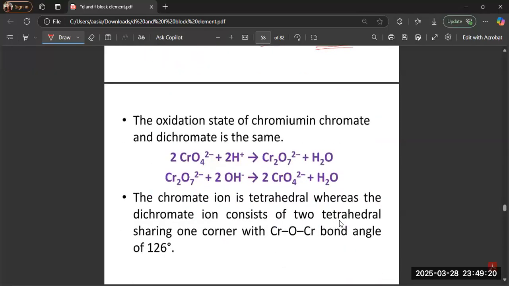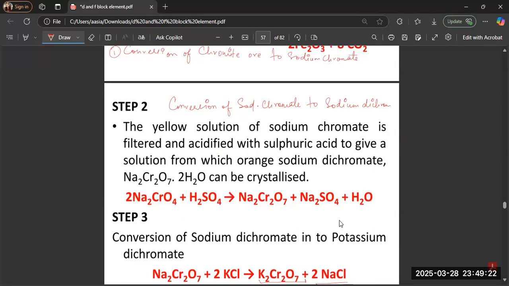So the preparation is of three steps. First, we converted the chromite ore to sodium chromate. Then we converted that sodium chromate to sodium dichromate by adding sulfuric acid to it. The third step is the conversion of sodium dichromate to potassium dichromate, and we are adding potassium chloride over here.